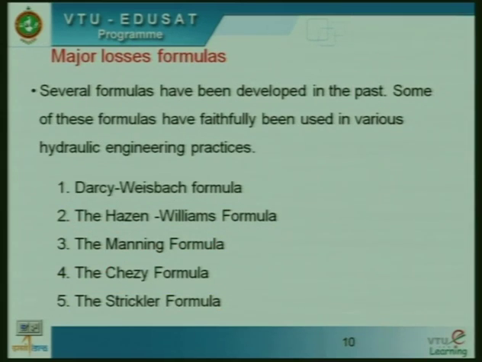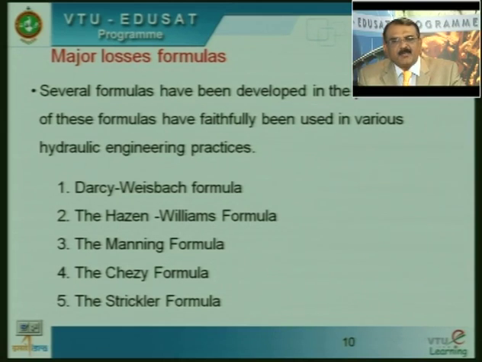Let us start with the first one, major loss. There are several formulae to calculate this major loss. Among these, the most popular ones I mention here. One is the Darcy-Weisbach formula, the second one is the Hazen-Williams formula, the third one is Manning's formula, the fourth one is Chezy's formula, and the fifth one is the Strickler formula.